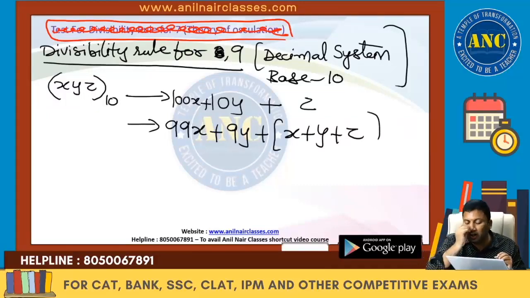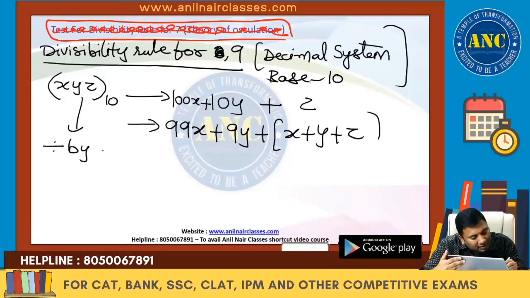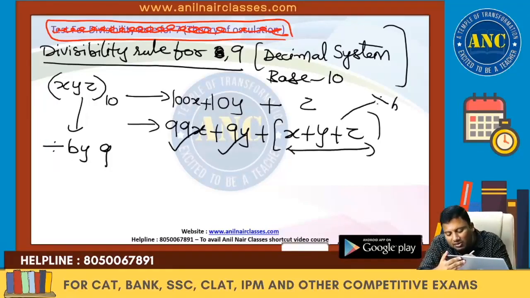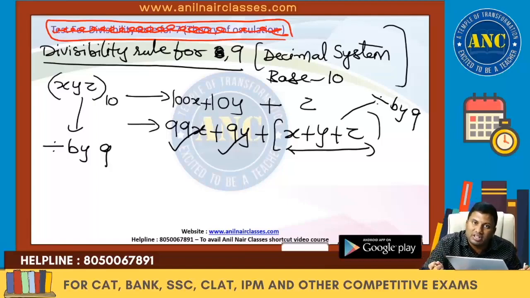Now if you observe carefully, if XYZ base 10 is divisible by 9, 99x is divisible by 9, 9y is divisible by 9, so x plus y plus z should be divisible by 9. x plus y plus z is nothing but the sum of the digits. Sum of the digits should be divisible by 9.